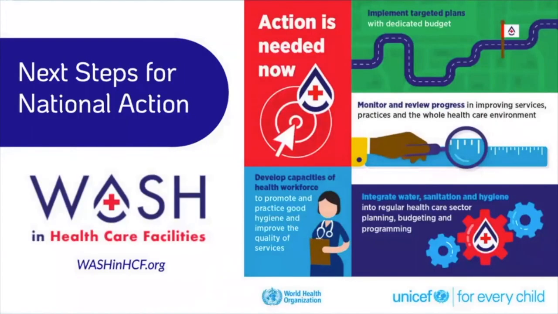But what are the next steps for national action? Based on the most recent progress report, WHO and UNICEF outlined recommendations that are really valuable when thinking about where we are to date and where we need to go. So they recommended implementing national targeted plans with a dedicated budget. I think the dedicated budget part here is most key, as it was shown that very few countries had dedicated budgets at the time of the initial assessment back in 2015.